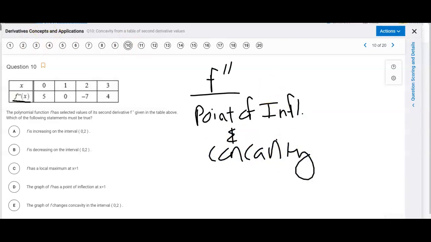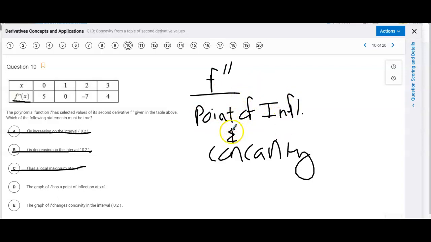Whenever we're talking about things like increasing, decreasing, or relative extrema, that has to do with the first derivative, not the second derivative. And so they didn't give us that information, so I'm going to rule those out right now. They didn't tell us anything about the first derivative, so I can't tell where it's increasing, decreasing, or where its relative extrema are. F double prime can tell us about points of inflection and concavity.